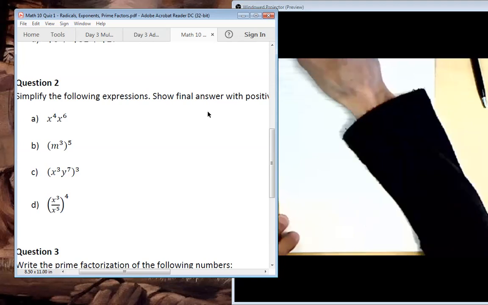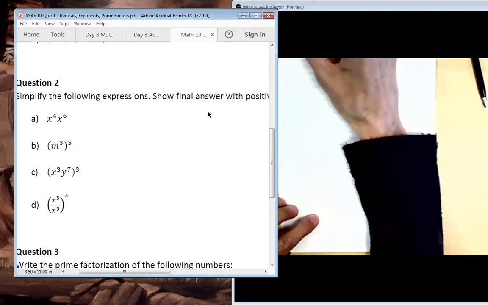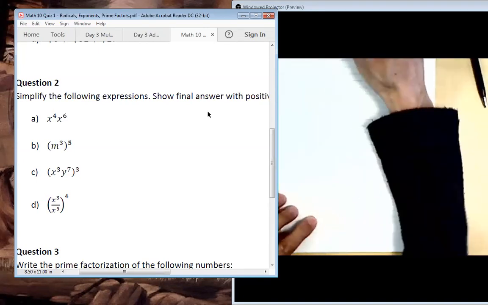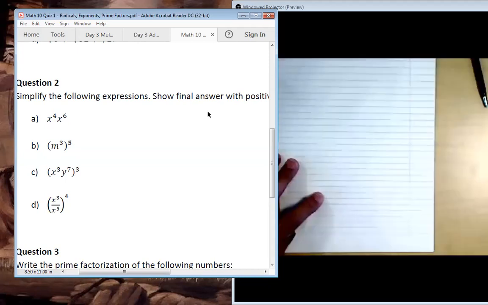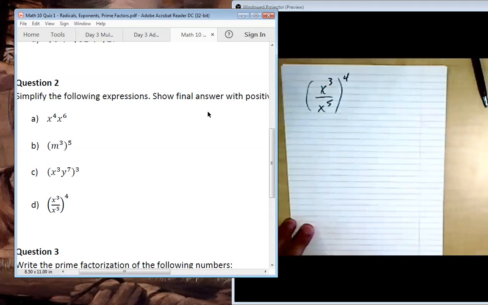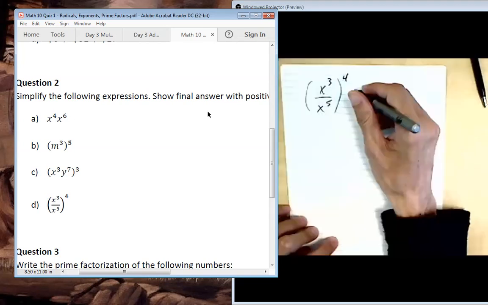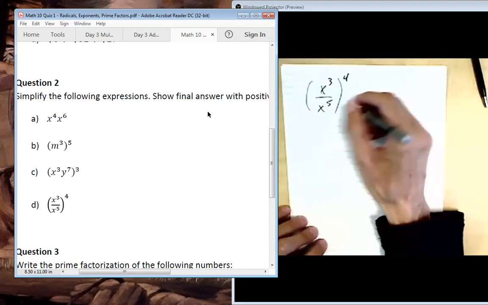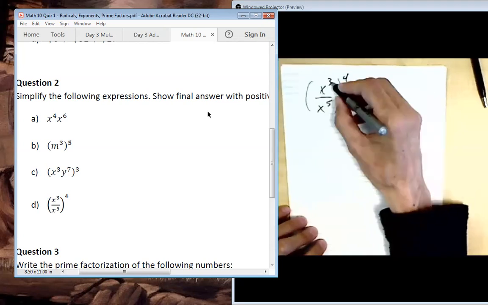You've got x to the 3 over x to the 5, and it's to the power of 4 there, right? Everybody can see that okay? Thank you. Okay, so if we do the inside first, then we have x to the 3 and x to the 5.